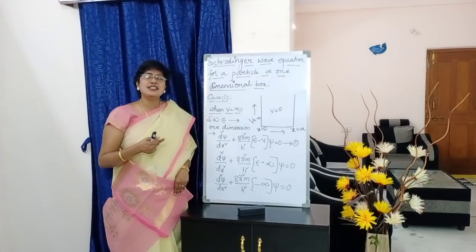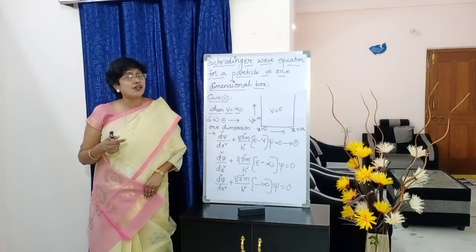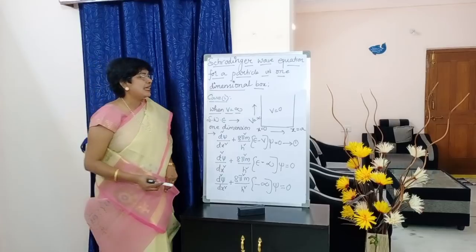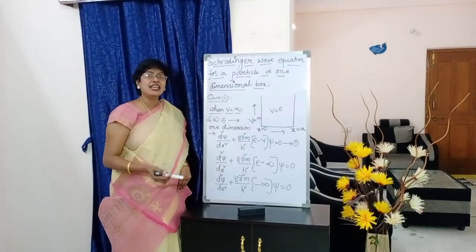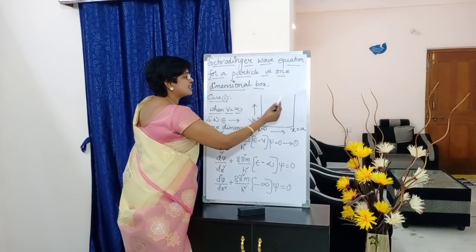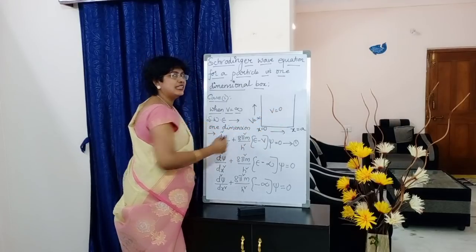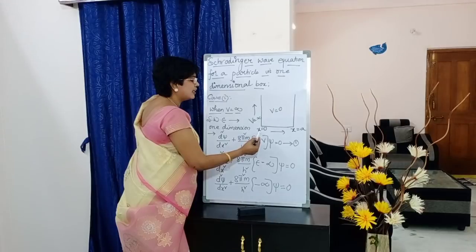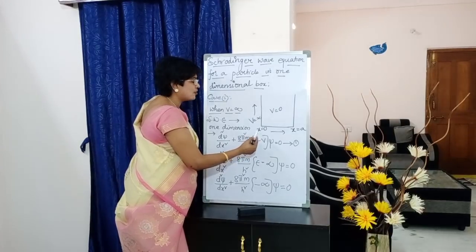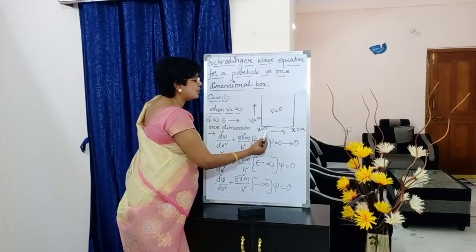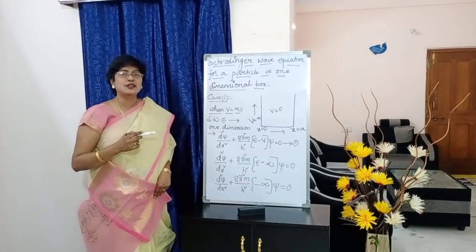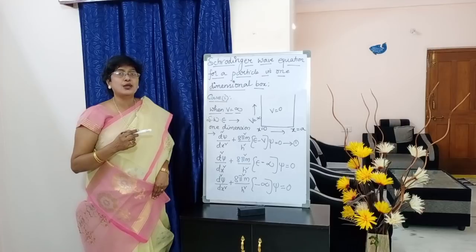We need to consider a one-dimensional box, and let us assume a free electron which is restricted to move in this space, from the borders x is equal to 0 to x is equal to a, students.